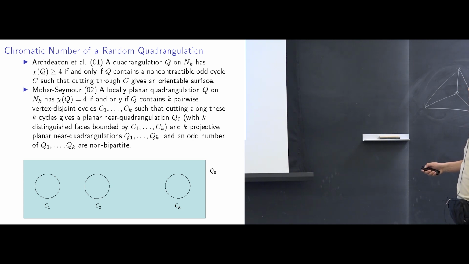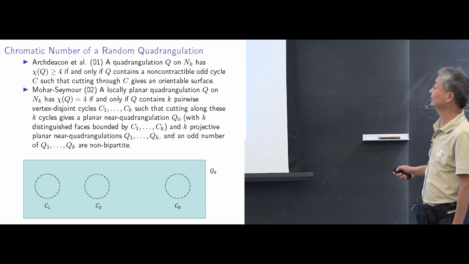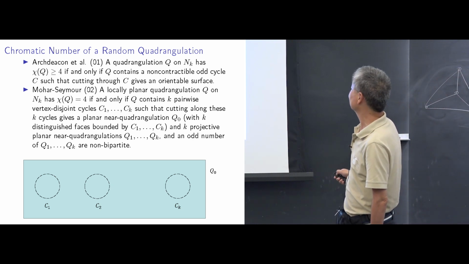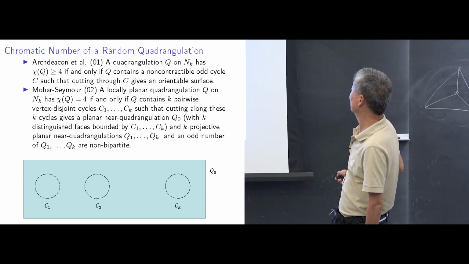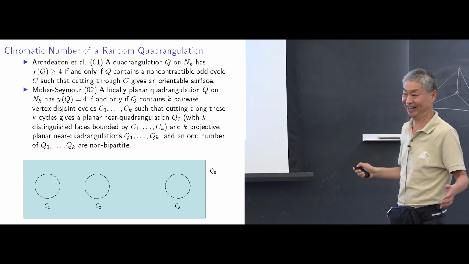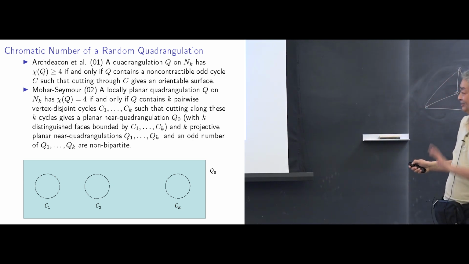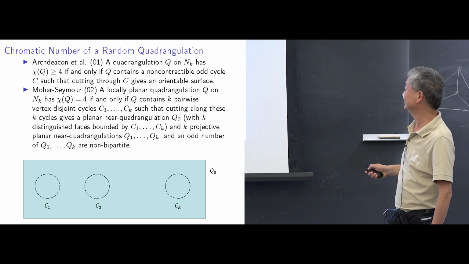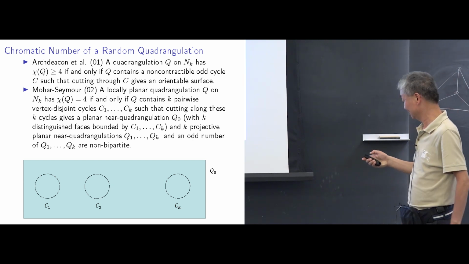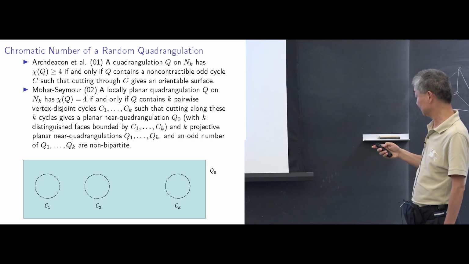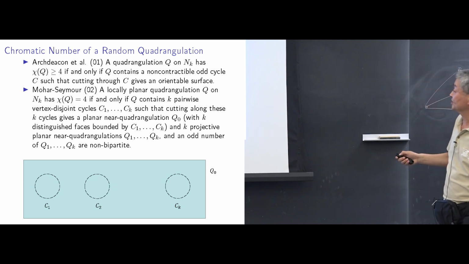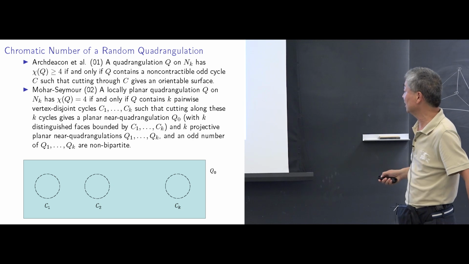And this is the one we can actually use to do some counting. This is something I'm currently working on with Jen Gao, and I think we can prove the result I'm going to state on the next slide. So basically, Mohar-Seymour's characterization is the following.